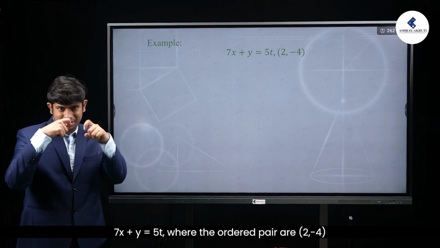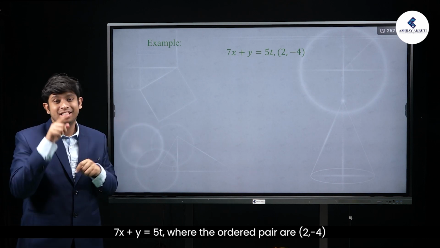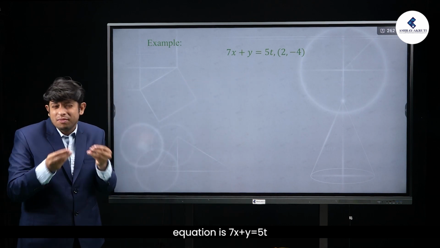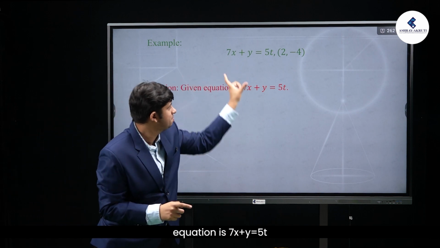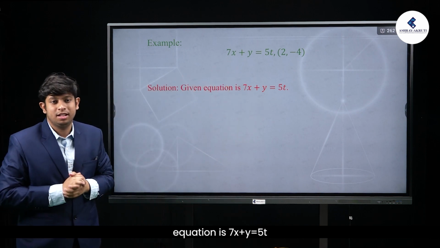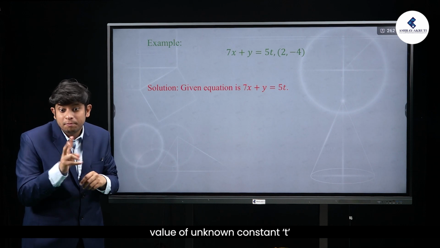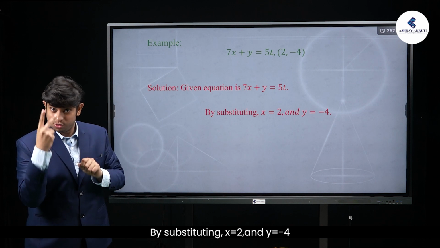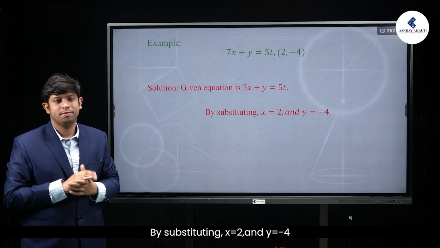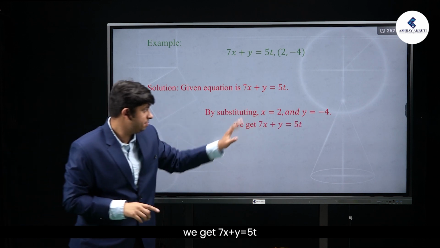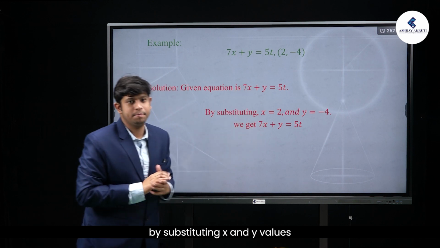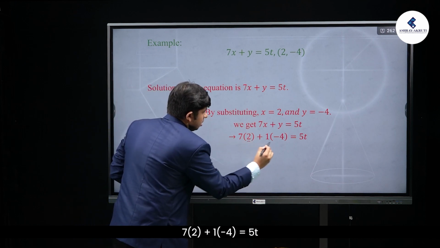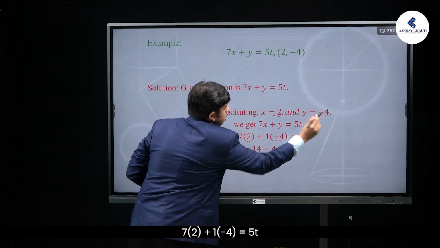7x plus y is equal to 5t, where the ordered pair is (2, minus 4). Given equation is 7x plus y is equal to 5t. Now we need to find the value of unknown constant t. By substituting x equal to 2 and y equal to minus 4, we get 7 into 2 plus 1 into minus 4 is equal to 5t.